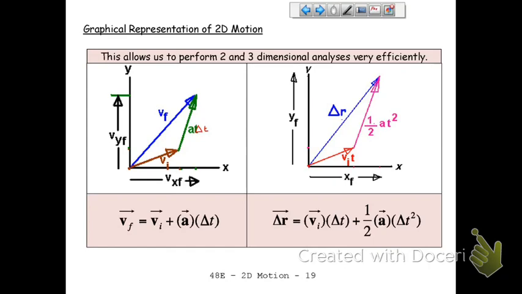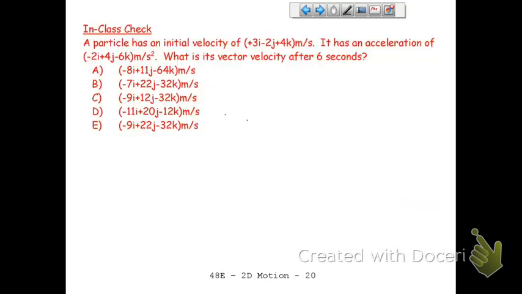And graphically, they call it delta r rather than delta x. It's just tradition. If you put down delta x, it doesn't matter. But delta r equals Vi delta t plus 1/2 A delta t squared. And there's your answer. So I can look at this graphically, in components, and as an IJK. That's the game I'm going to play.